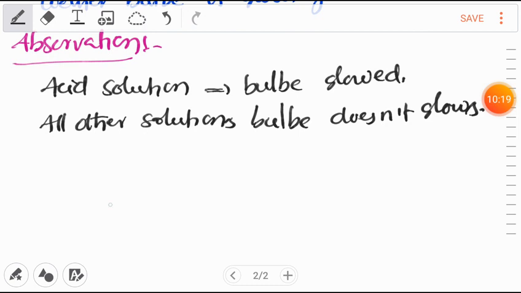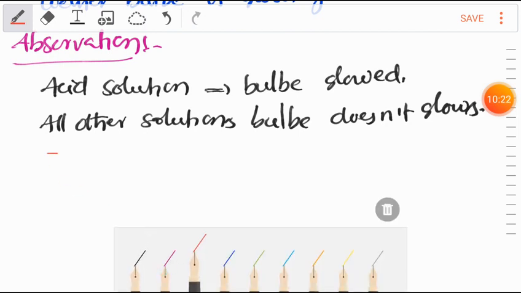We know why, because acid contains H plus ions. That is the reason you are going to write.